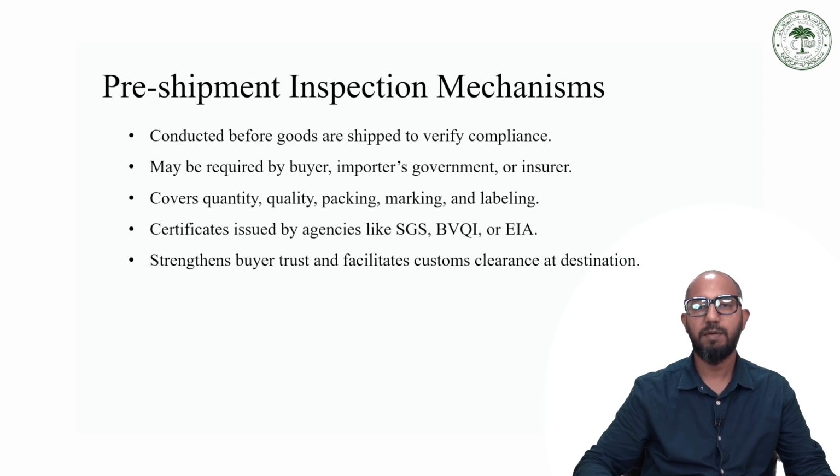These inspection mechanisms also involve the different types of certificates that are issued by agencies like SGS, BBQ or EIA in different markets. These pre-shipment inspection mechanisms strengthen buyer trust and facilitate customs clearance at destination.